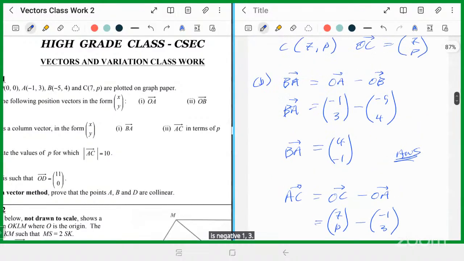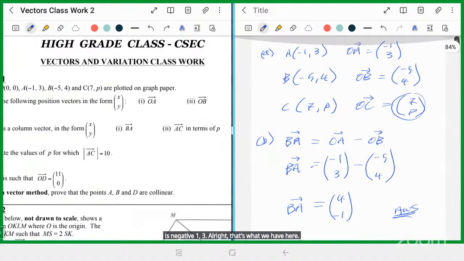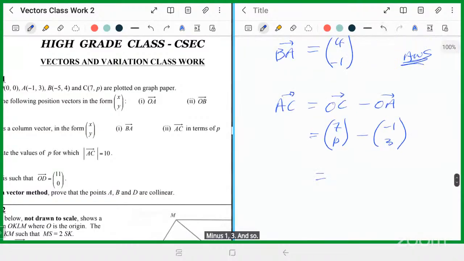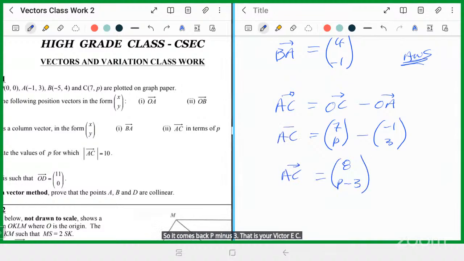Calculating now, again this minus minus is a plus, so 7 plus 1 is 8. And then P minus 3, unlike terms, so it comes back as P minus 3. That is your vector AC. Again, that's an answer right there. That's part 2 of B.